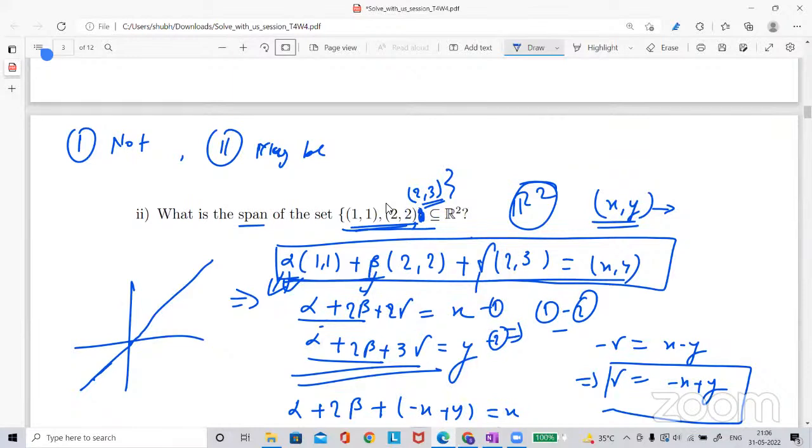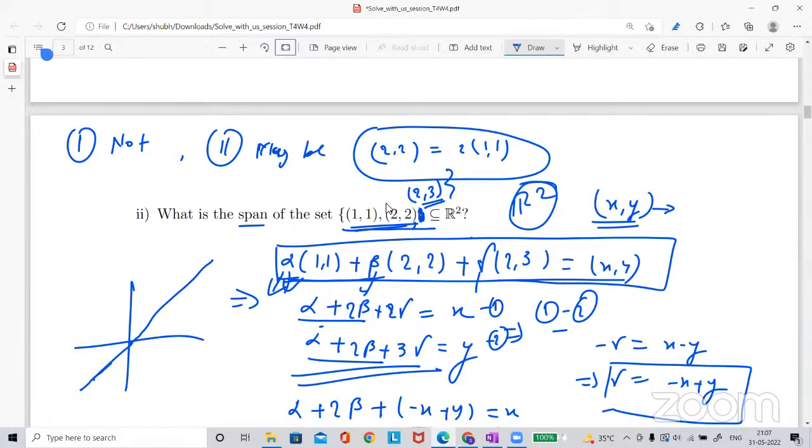This generates the whole R2, but these three vectors are not linearly independent, as you can see from the start, this 2 can be written as 2 times (1,1). So if you have a set which generates the whole R2 but does not contain linearly independent vectors, it cannot be a basis.